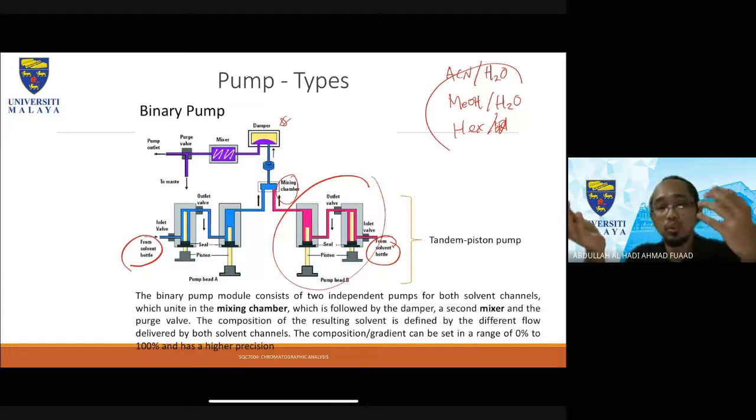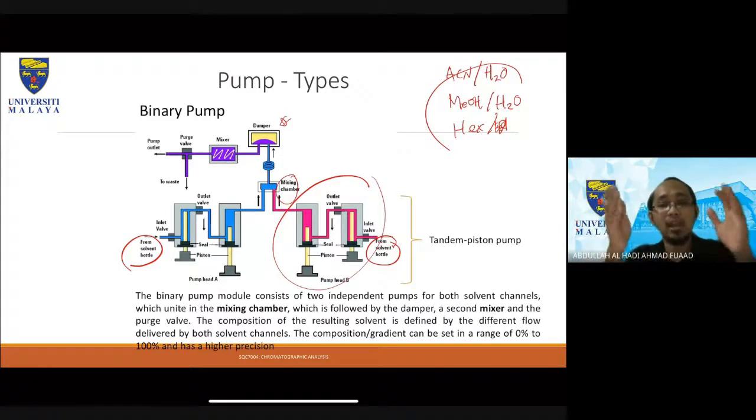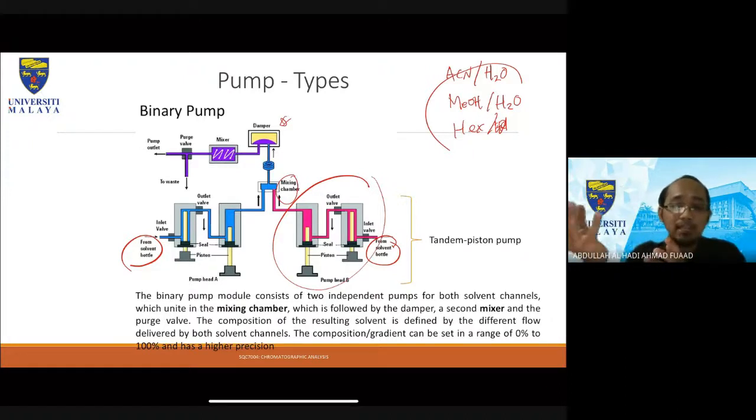Okay, so if the supervisor is using acetonitrile and water, then perhaps I want to use the same system so that at the end of the day, I can do a direct comparison. Because again, you need to remember LCMS is nothing without the detector. If my detector is an MS detector, then even if the retention time is different, as long as the mass is similar, I can say there's a high chance that this is also J14.